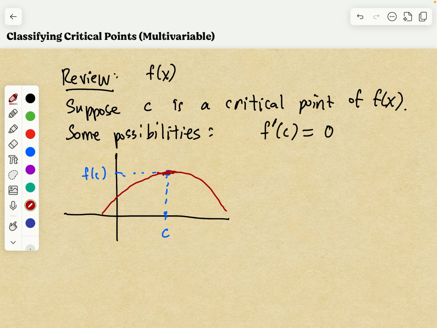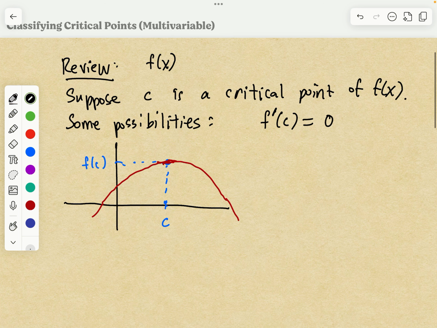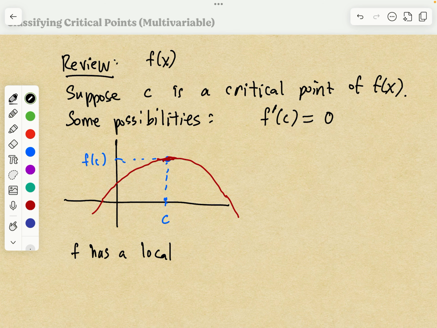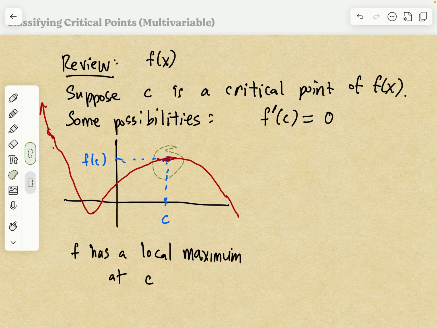That's one possibility. And when you have something like this, then f has a local maximum at c, at this critical point. Now, it's not necessarily an absolute maximum, because it could be that your function just keeps going up forever, like in this direction, and then these y values here are actually bigger than these y values.